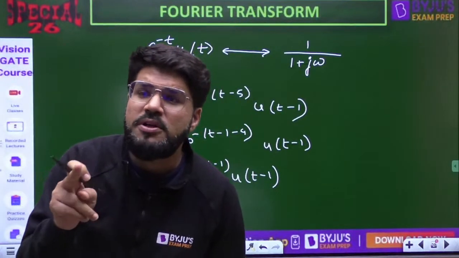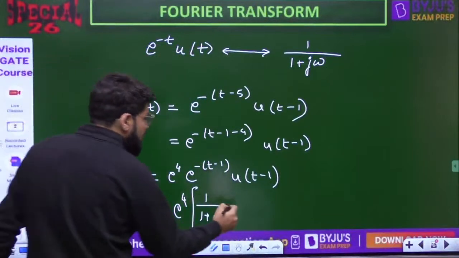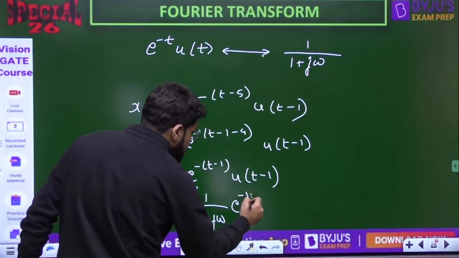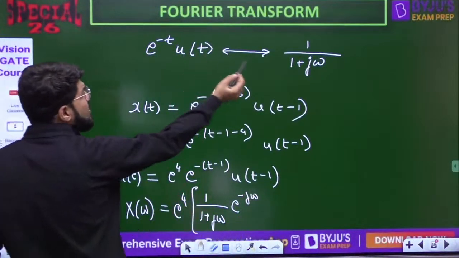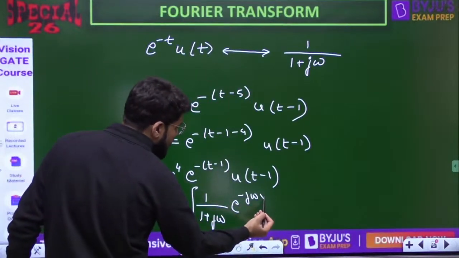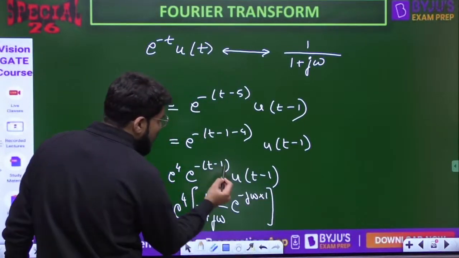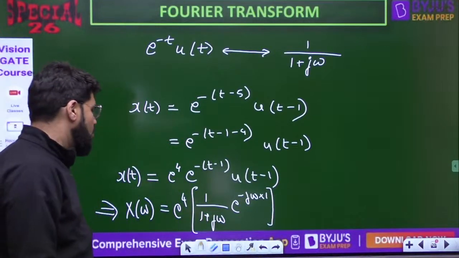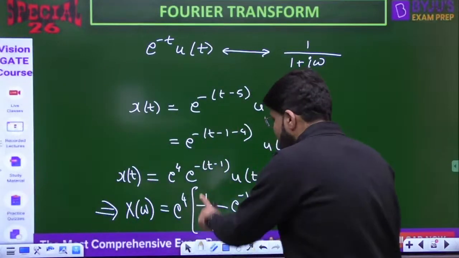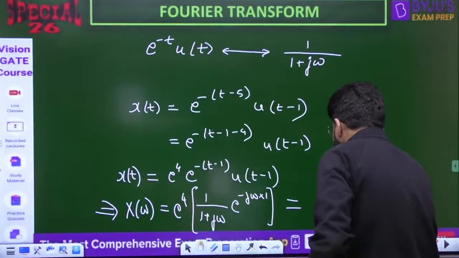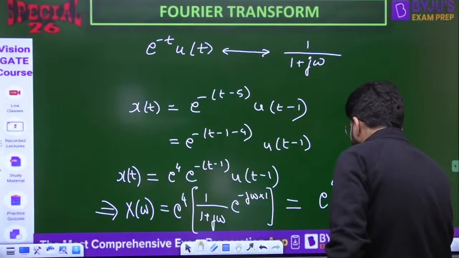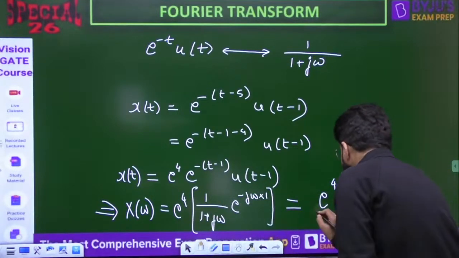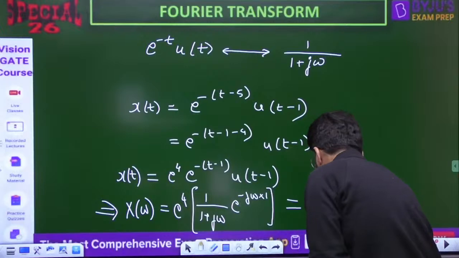Time shifting corresponds to a phase term in the frequency domain, e power minus j omega t naught. The time shift is 1 unit, so e power minus j omega into 1. So the final answer, combining the exponentials, is e power 4 minus j omega divided by 1 plus j omega.